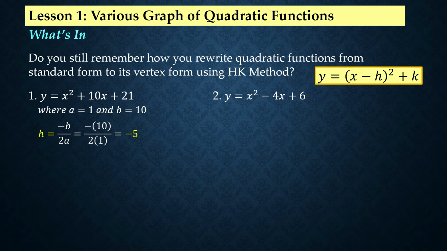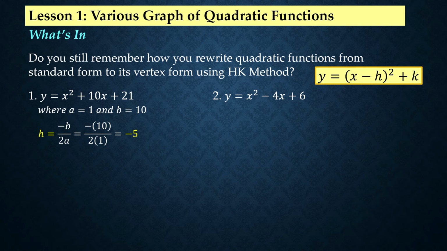So the numerator is negative 10, while the denominator, twice a, is 2 times 1, which is 2. So negative 10 divided by positive 2 is negative 5. So our h is negative 5.